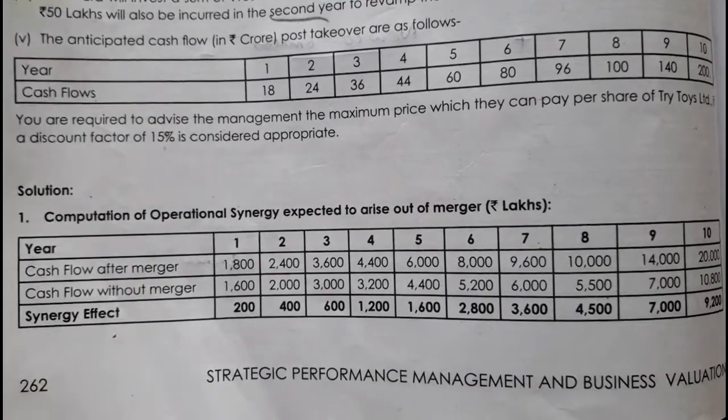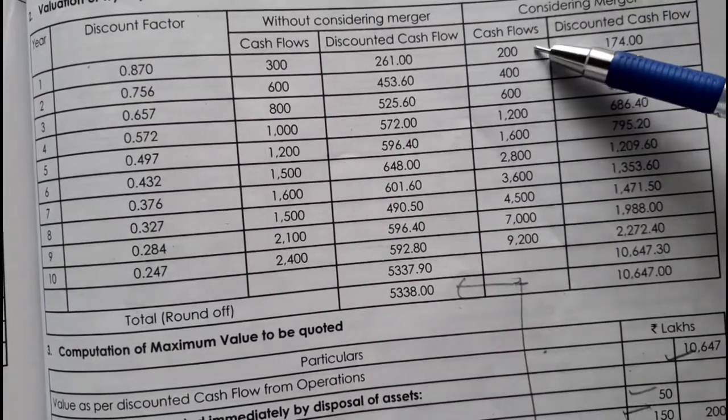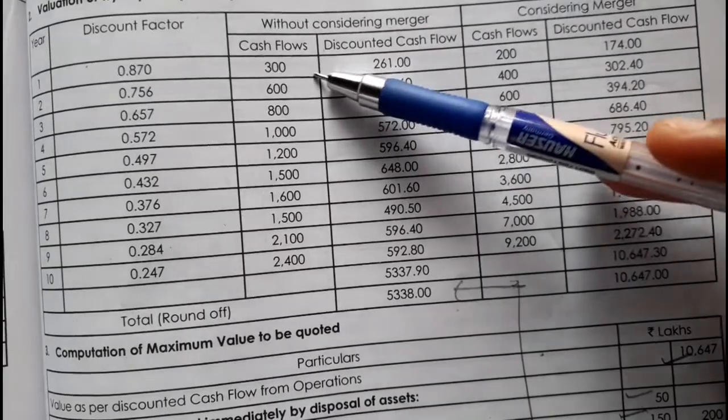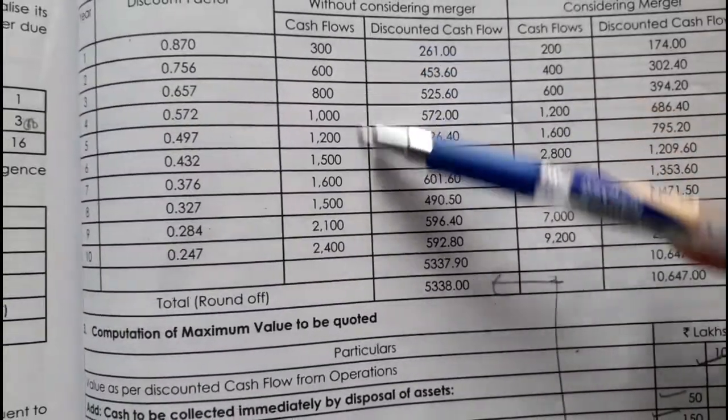Okay, now we have two tables, that is if the merger happens and if the merger does not happen. As the merger happened, the cash flows are these of the Tri Toys company, and if the merger has not happened, the cash flows are given. Okay, 300, 600 and so on.